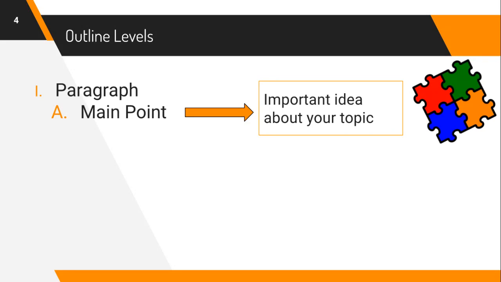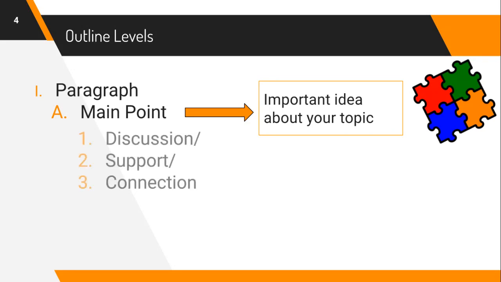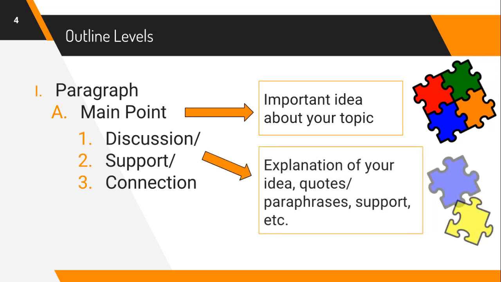These are your main points, and then you will break your main points down into areas that give discussion or support or connections between your writing and your topic. So these are the areas where you would explain your idea, you would give your quotes or paraphrases from your research, you would give other support, just whatever you are looking to do to discuss your main point, to make your argument in talking about your topic.